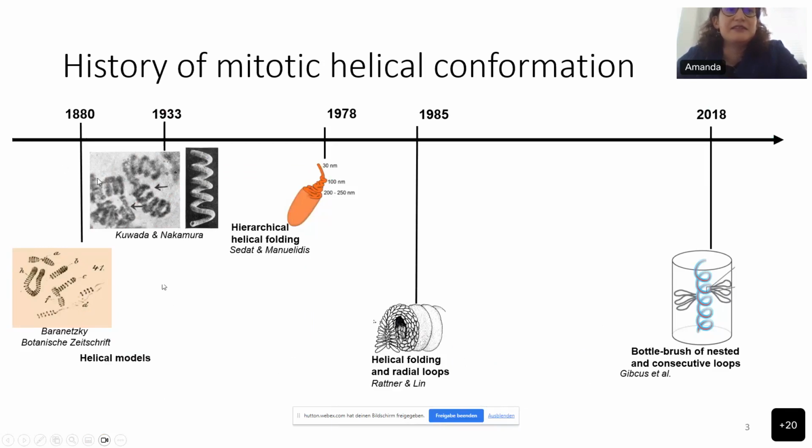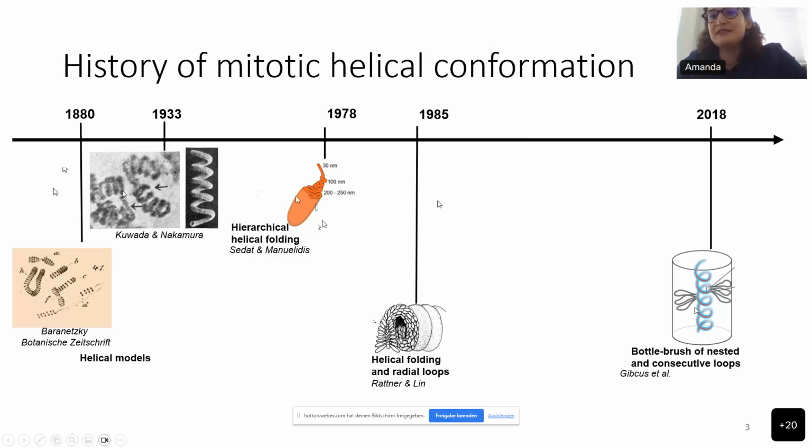But there were early experiments, and as the years went by, some criticism rose about the way that they were observed, and maybe artifacts from the technique. But as the years went on, some other models appeared, but helical conformation was always inside of our minds, or in the back of our heads. And different kinds of models, but still with a helix, were proposed.